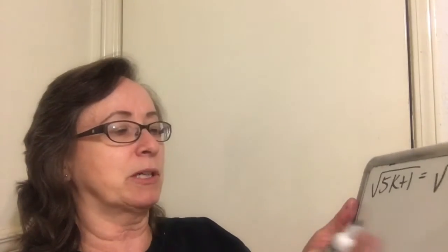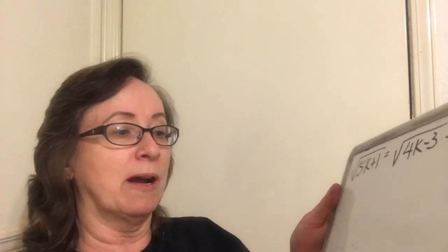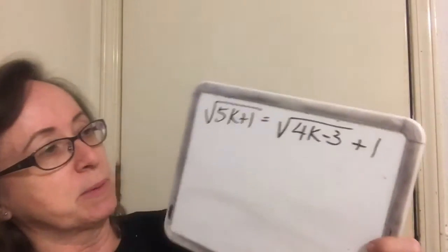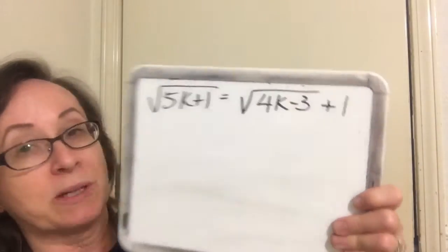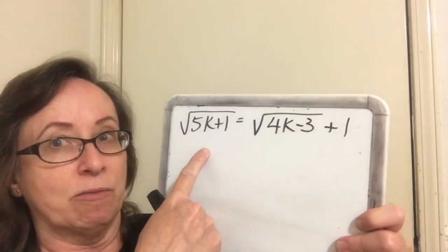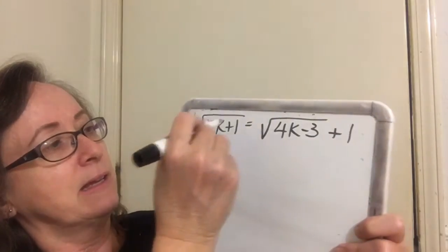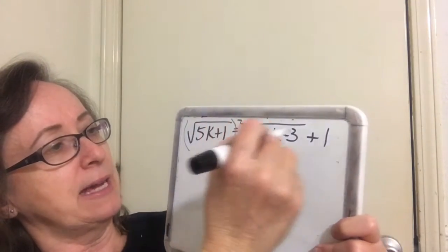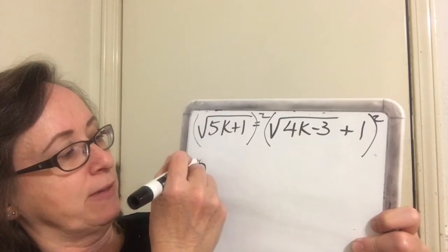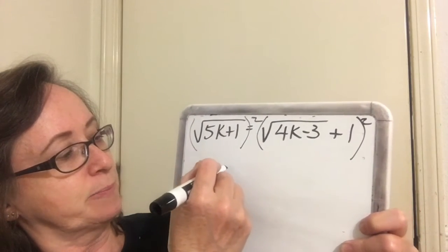And the last one we're going to do is one more of the harder, more difficult square root problems. Okay, so we're going to square both sides because we already have one radical isolated. So we're going to square both sides, whole sides. When we square the radical, we get 5k plus 1.